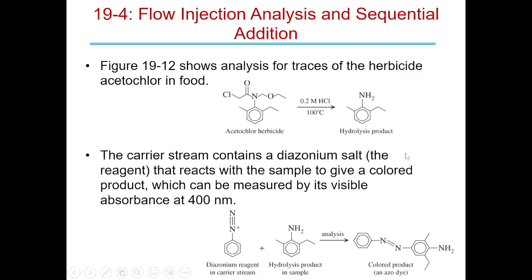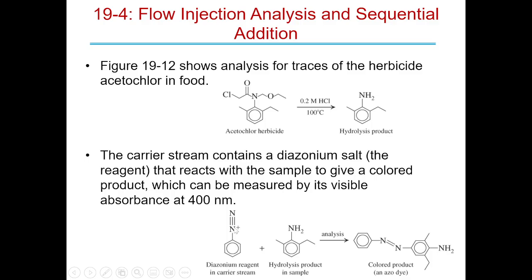Okay, so figure 19.12 actually shows the analysis for traces of herbicide acetochlor in food. And so here's acetochlor, by the way. This would actually be its hydrolysis product here, if you're curious. So your carrier stream is going to contain a diazonium salt.